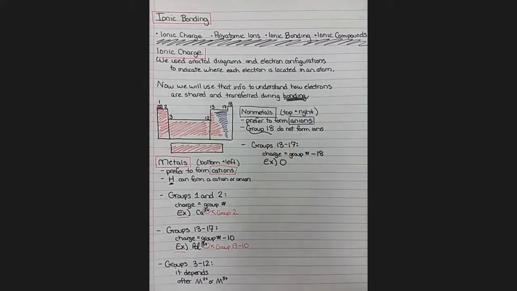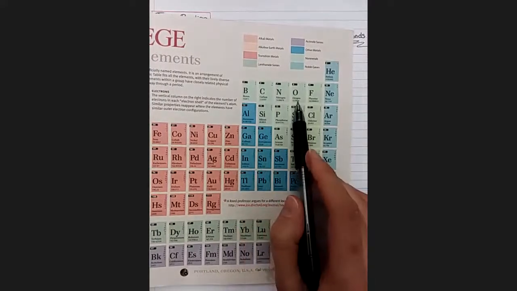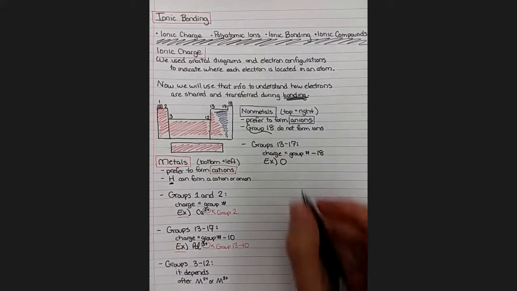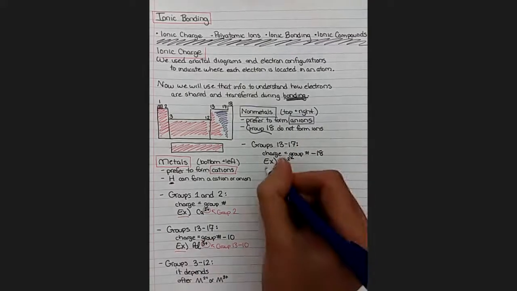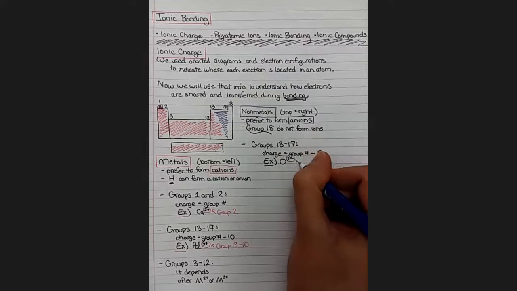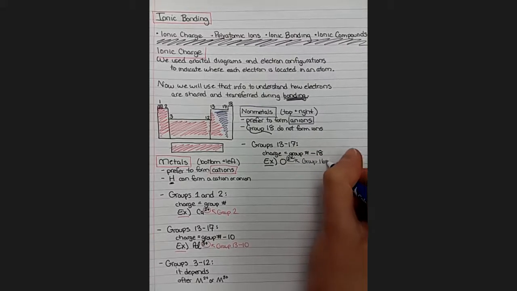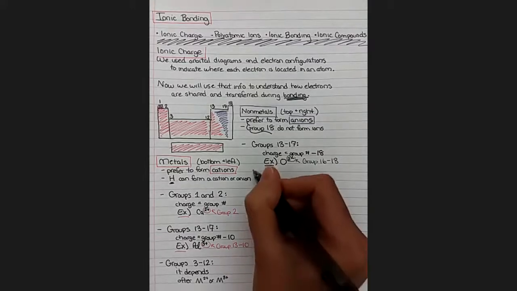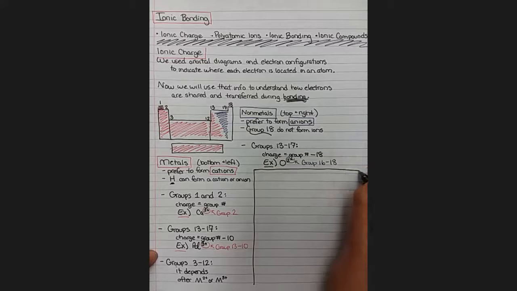So if we look at oxygen, for example, oxygen over here in the 4th row of the P block, it's in group 16. So the most common charge for oxygen would be 2-, which is group 16 minus 18.